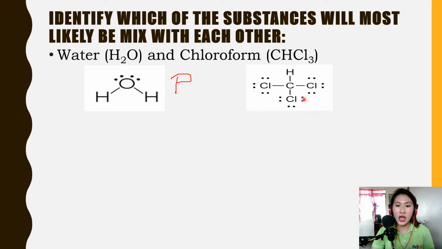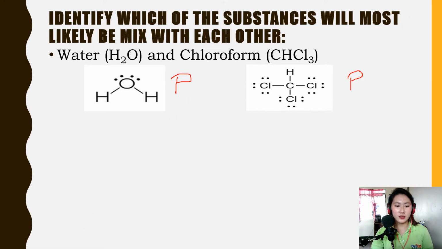This means unequal distribution of electrons. So chloroform is also a polar molecule. We have here two polar molecules, so this means like dissolves like. They are both polar, so they will be mixed well together.